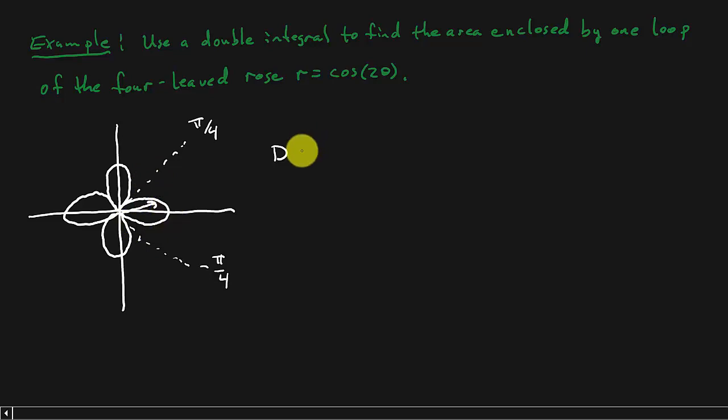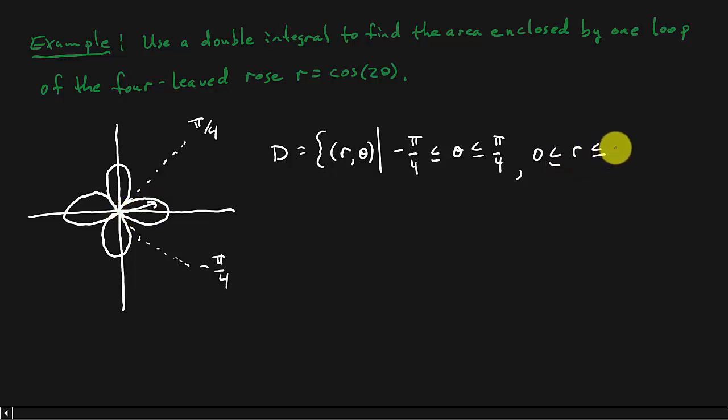So that region is the set of (r, theta) such that theta is between negative pi over 4 and pi over 4, and r is between 0 and what's that radius? Well, that's cosine 2 theta.